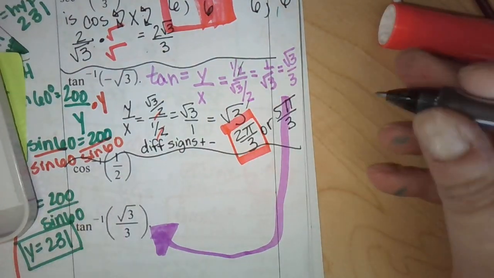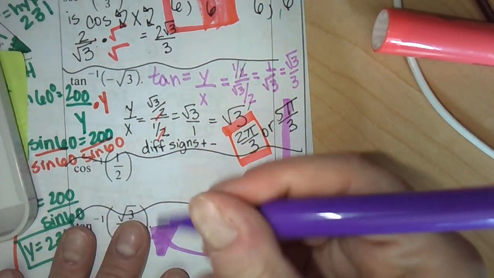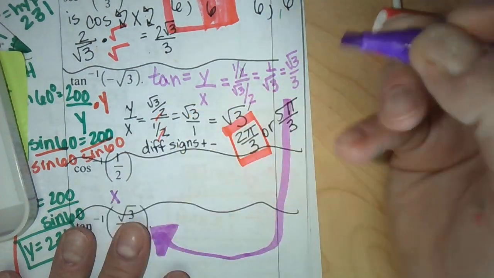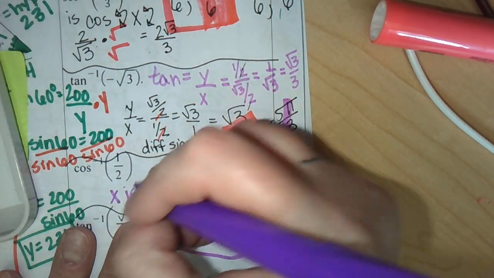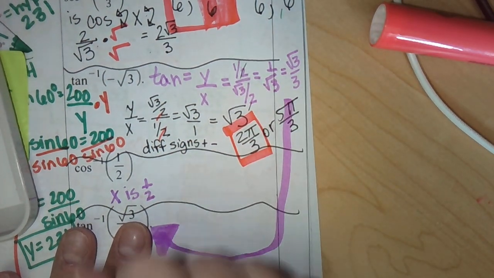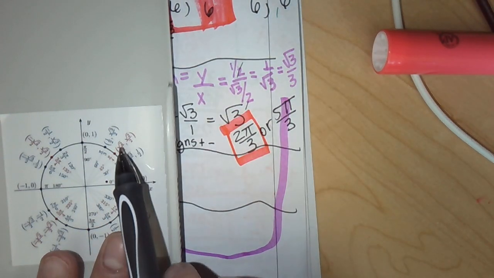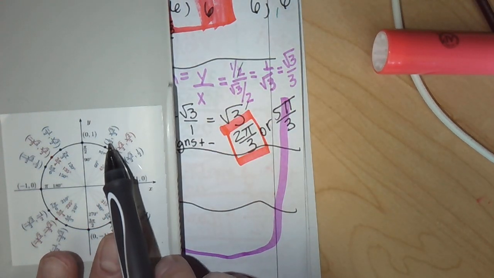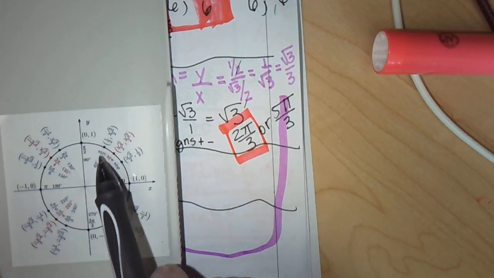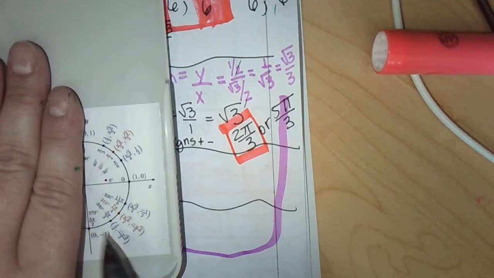Alright, let's look at cosine inverse. Cosine inverse, this one's a trick. Cosine is just x. So there's no reciprocal. So let's find when x is 1/2. For sure here at pi over 3, 60 degrees, and also here.